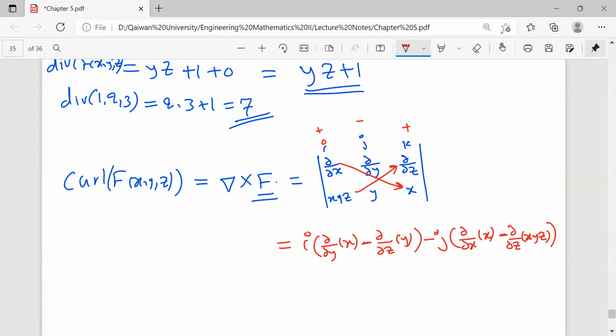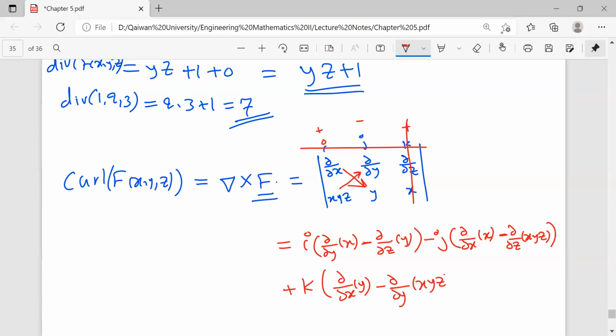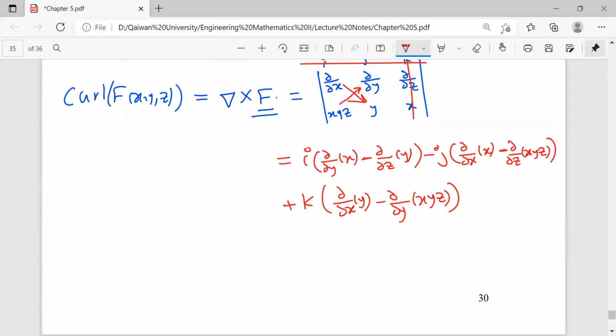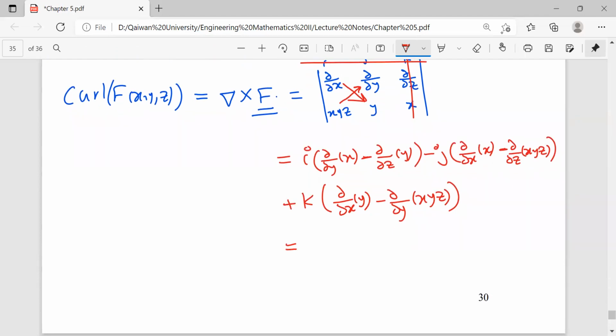And for the third one, we remove these two and you write down plus k. We are multiplying these two, partial by partial x times y minus partial by partial y times xyz. Now we find these partial derivatives.